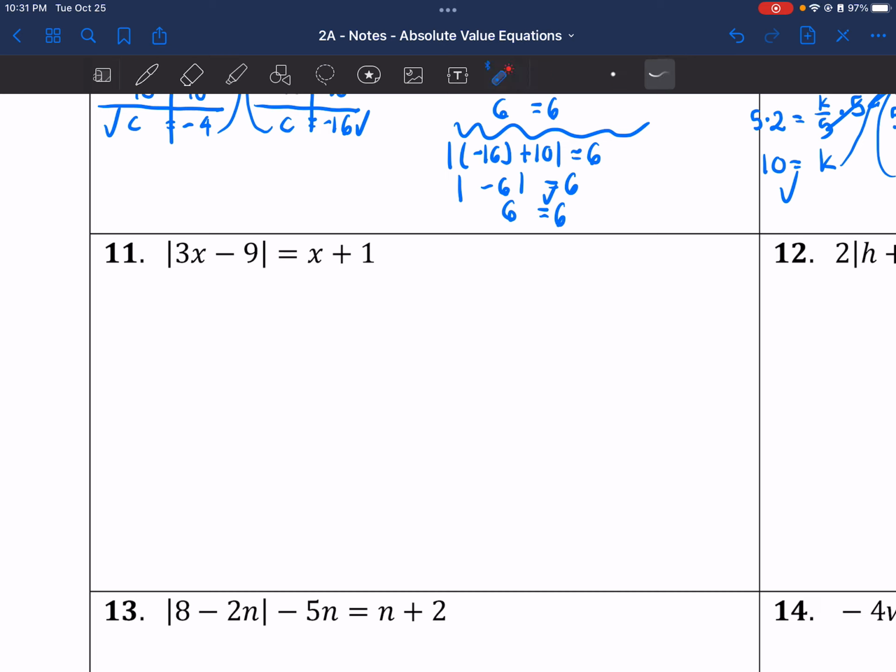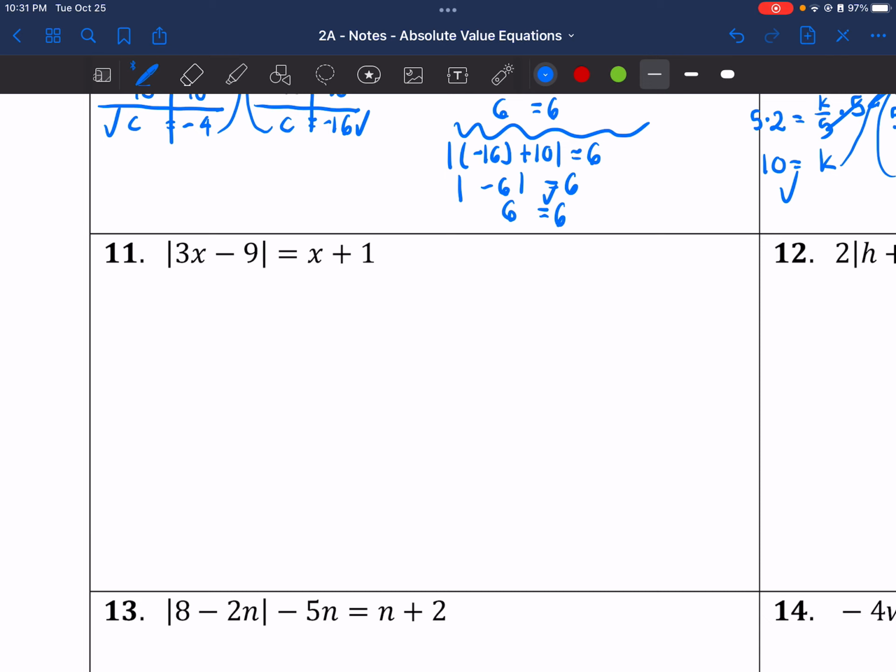For number 11, we do not have anything outside of our absolute value brackets, but we do have an x on the other side of our equation. This does not change anything. All we want to do for step 1 is to isolate anything on the outside of our absolute value brackets. And since we don't have anything on the outside, we are good for step 1. Now we can move on to step 2.